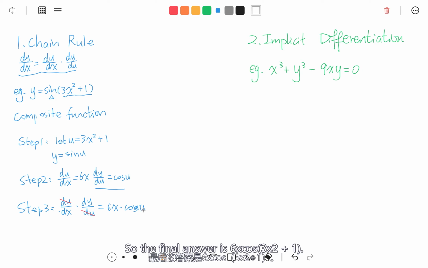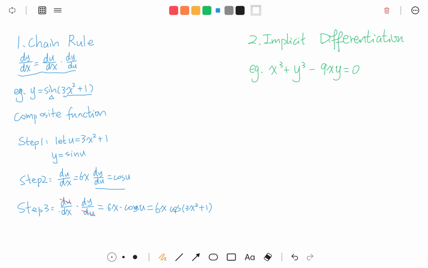So the final answer dy dx is equal to 6x cosine of 3x squared plus 1.